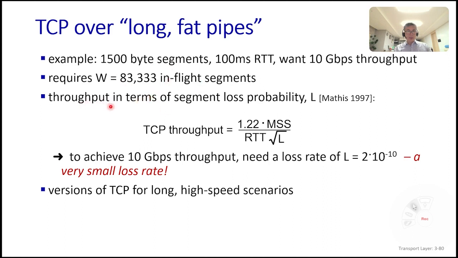Throughput in terms of segment loss probability L: in that case we can calculate the TCP throughput as 1.22 times the maximum segment size over RTT times the square root of L. To achieve 10 Gbps throughput, we require a loss rate of L equal to 2 times 10 to the power of minus 10, a very small loss rate. So there are versions of TCP for long, high-speed scenarios. Okay, so that's all.